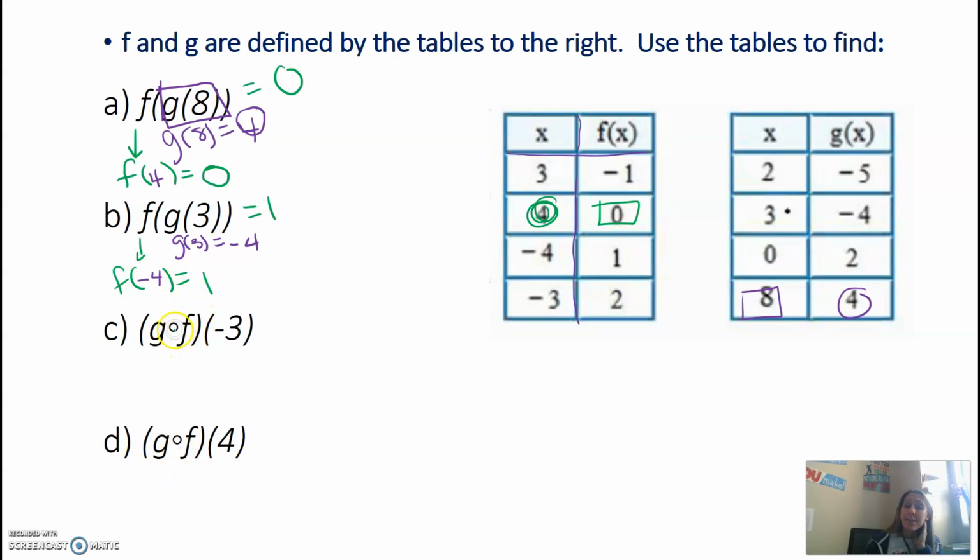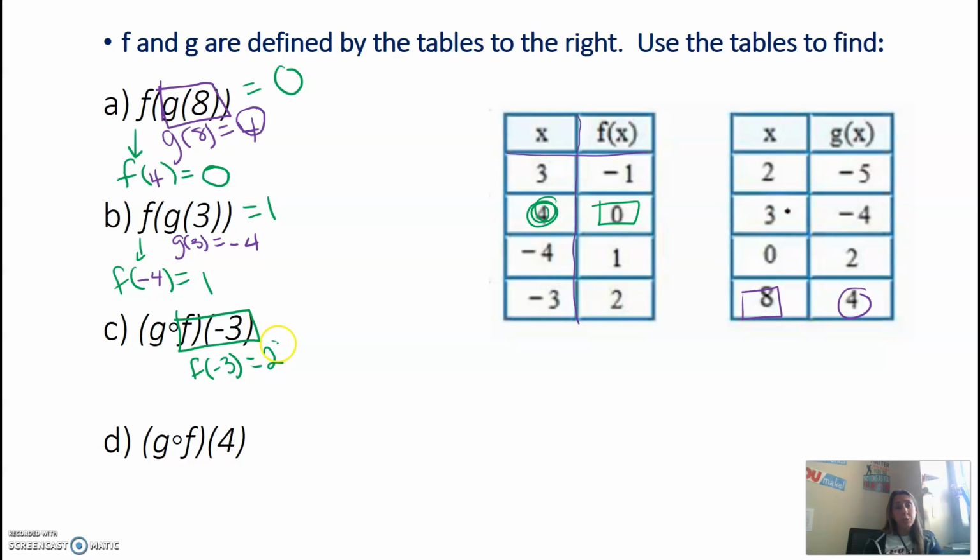So this is the other notation with the open circle. That stands for "of." One of the things that students mix this up with is multiplication. It is not. These are compositions. So we're going to find F of negative 3, because it's the closest to the input. So F of negative 3 is 2.